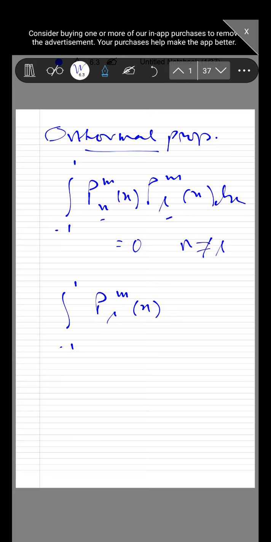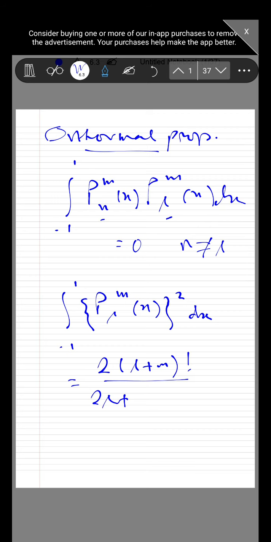And the integral from minus 1 to 1 of [P_l^m(x)] whole square dx is equal to 2 into (l plus m) factorial divided by (2l plus 1) into (l minus m) factorial.